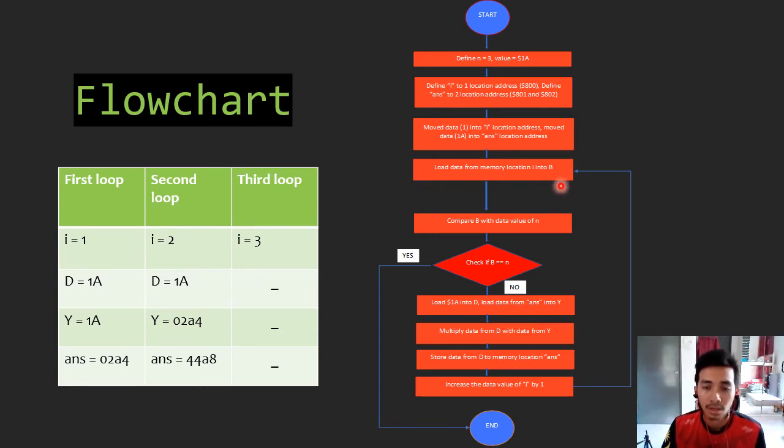Because to compare the letter I with the letter N, we need to put I into B first, so we can use the instruction provided in assembly language, which is CMPB, compare B, and then what value we want to compare. In this case, N.